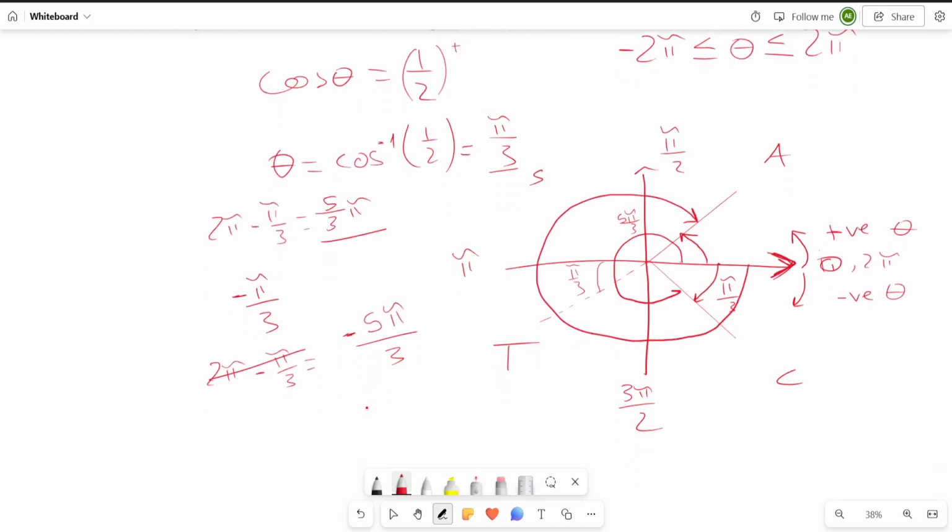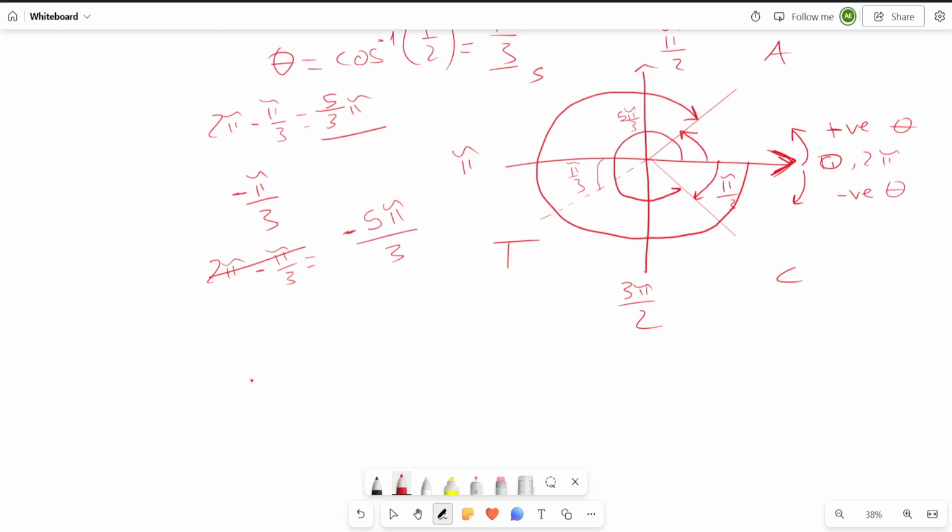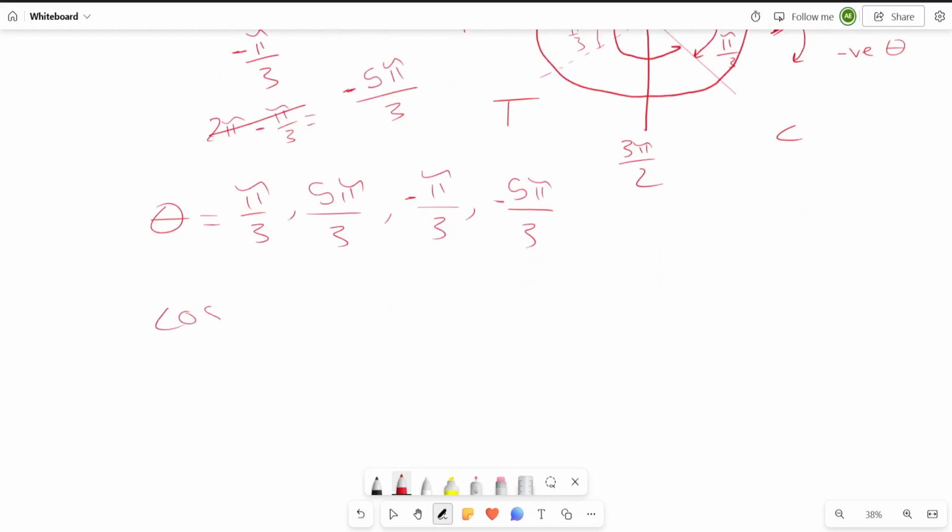And to confirm that, let's check our answers. So our answers for theta are pi over 3, 5 pi over 3, negative pi over 3, and negative 5 pi over 3. I'm going to check each answer in the calculator. So 5 pi over 3, this is supposed to give me half if my solution is correct. And yes, it did, equals half.